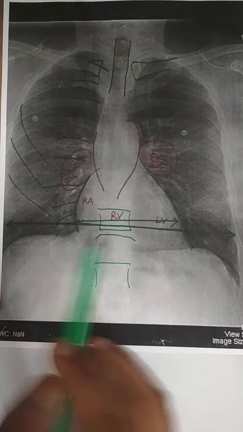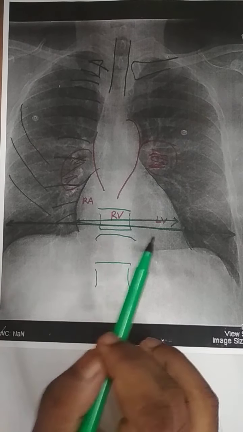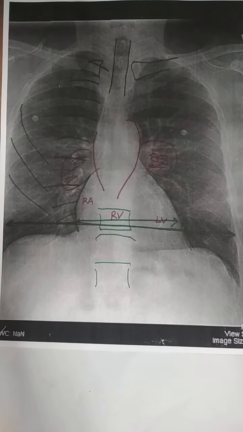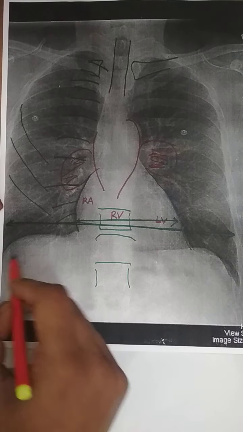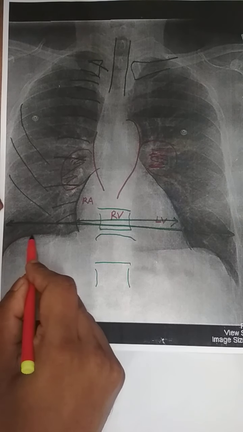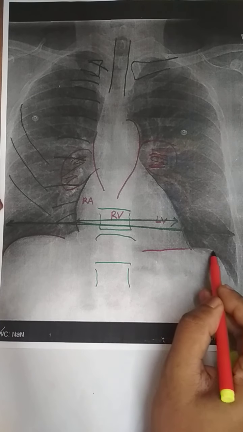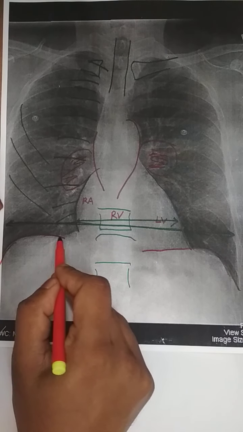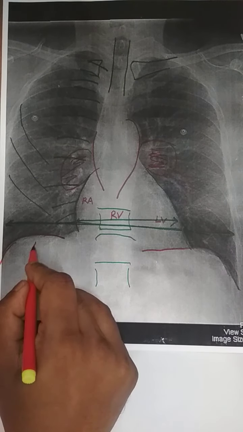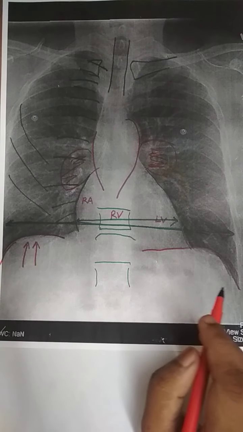Then the D. D stands for, sorry, D stands for diaphragm. D stands for diaphragm plus the gastric air bubble. So you should mark the right and left hemidiaphragms, and usually the right side is at a higher level than the left side.